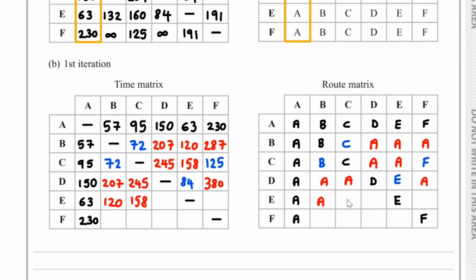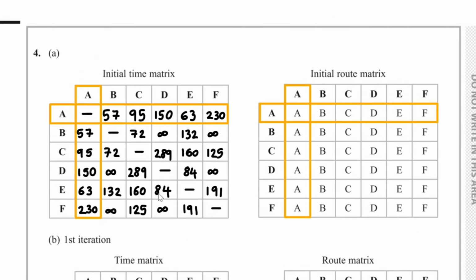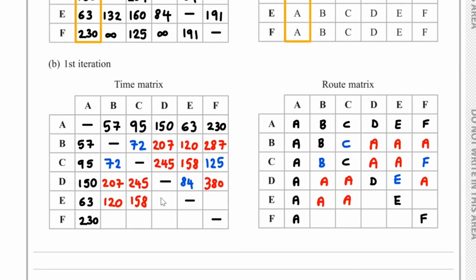So the C here changes to an A. Now we compare the 84 with the sum of 63 and 150. 84 is certainly smaller, so this remains unchanged as 84, and the D here will remain unchanged.